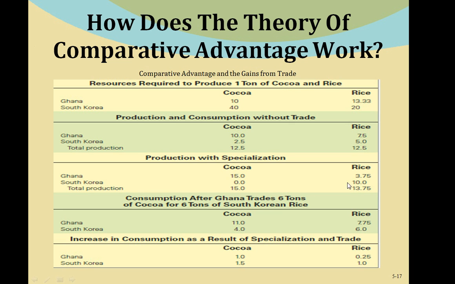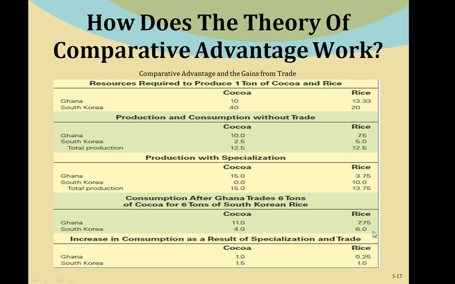So we call that Korea producing 10, the ultimate that they can do is 10. So if they do trading 4, South Korea can get 4 here of cocoa, and Ghana just got 4 of rice. Got what I mean? If 20 here, Ghana just got 4.